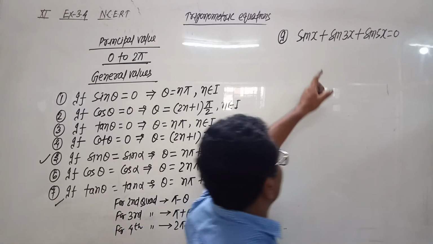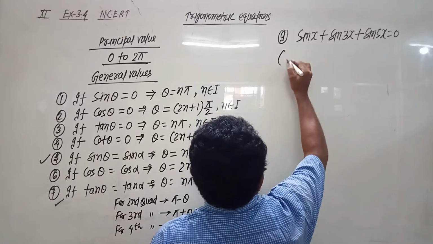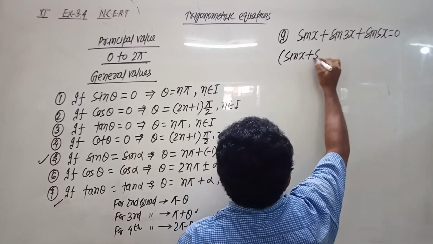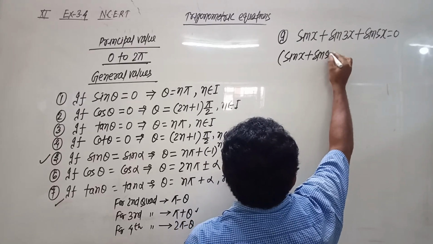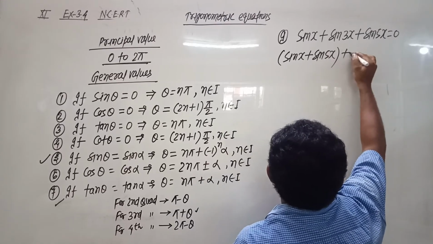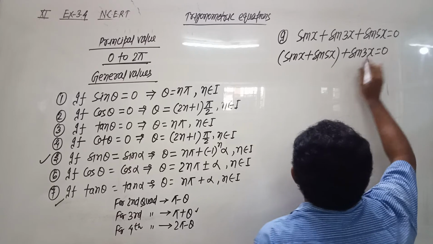So we will put together the first and last expression. So we write sin x plus sin 5x, and plus sin 3x equals 0.